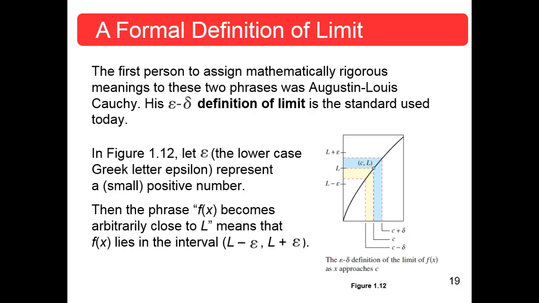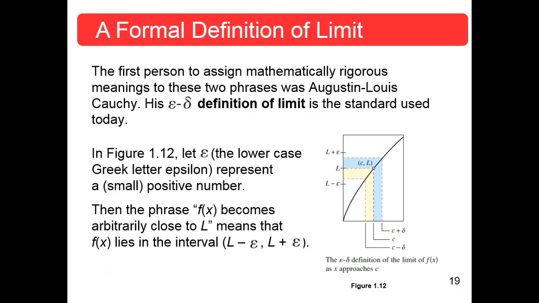So, here's how it states. Let epsilon, okay, that's just a little Greek letter E, the lowercase Greek letter epsilon, represent a small positive number. That's all you need. Let epsilon be greater than 0, a small positive number.